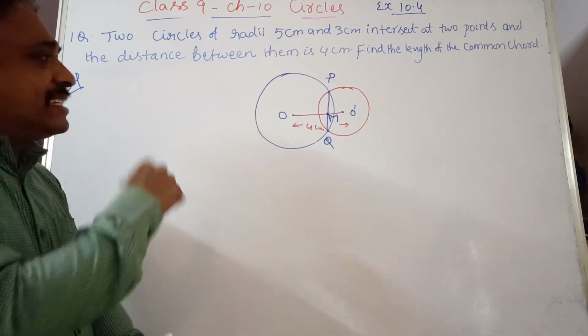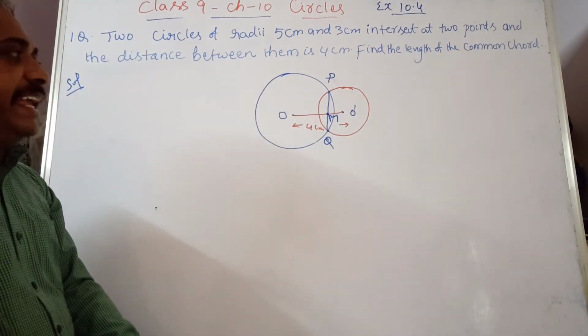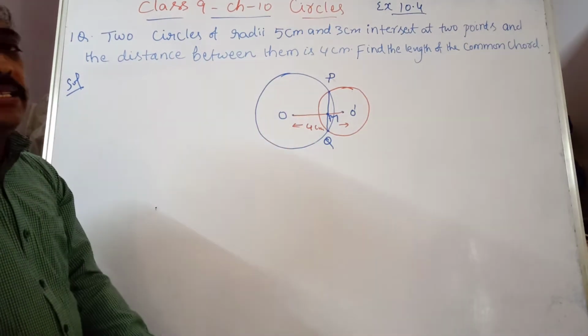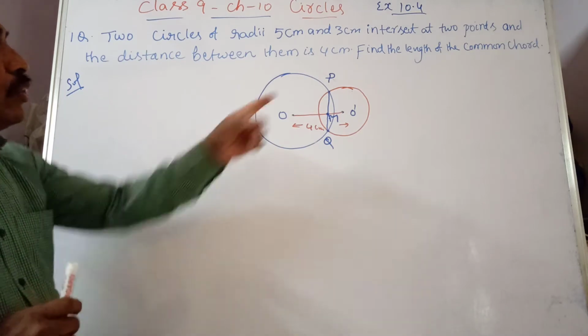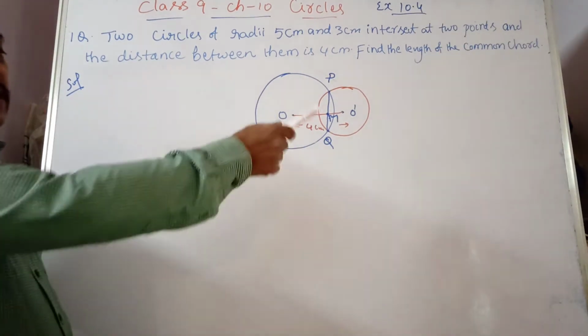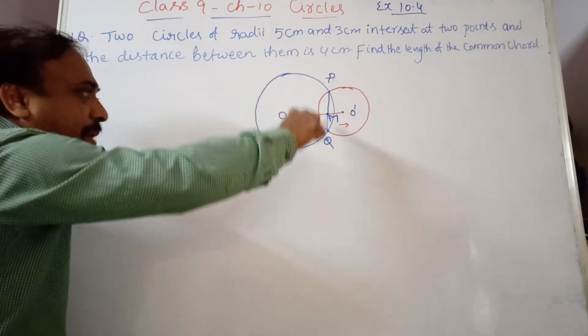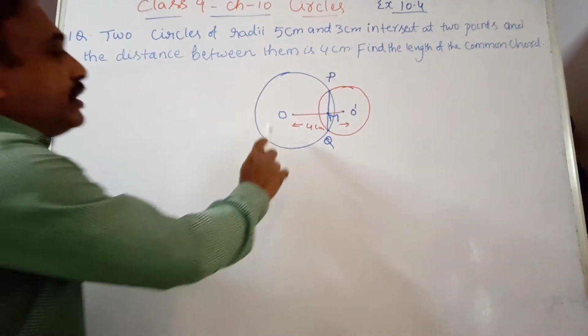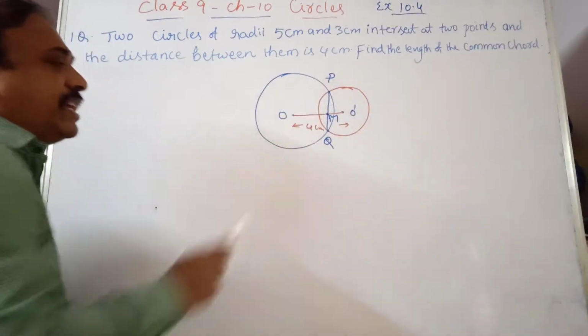We have discussed this in exercise 10.3, question number 3. When two circles with different radii intersect at two distinct points, both the centers lie on the perpendicular bisector of the common chord.